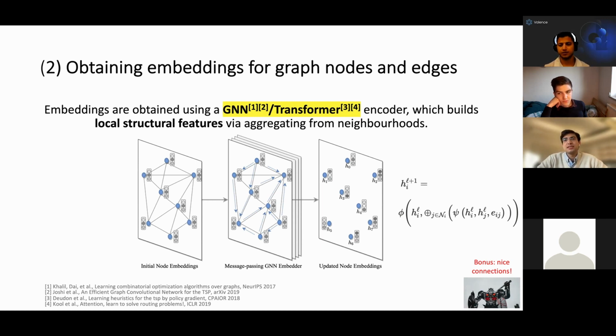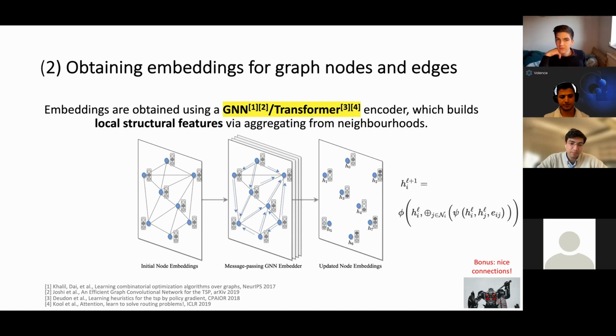So specifically for these routing type problems, I think it's fair to say that you can always represent them as graphs. Generally these routing problems are defined for certain cities, right? So these are usually even embedded in Euclidean coordinates. But if you go beyond that, then different classes of combinatorial problems might have different representations.